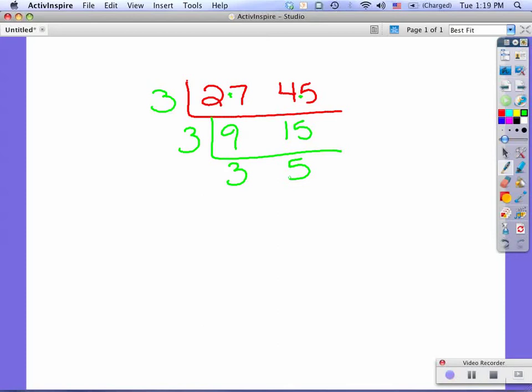Can I divide it any further without just using 1? No, you cannot. So I draw a circle around my outside. I multiply them. And the GCF of 27 and 45 is? 9.